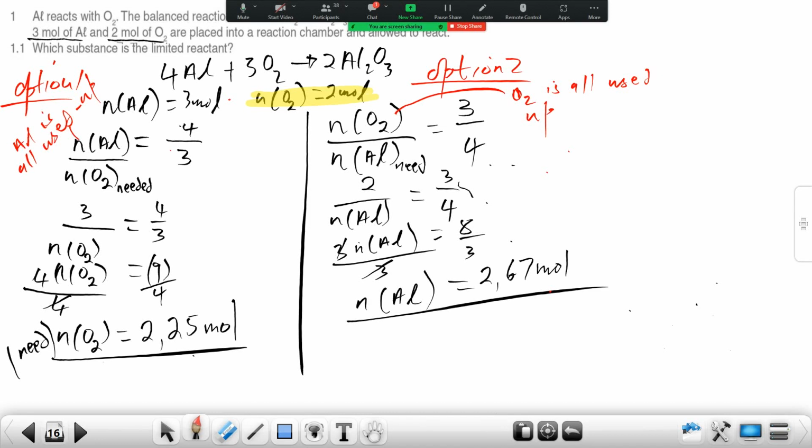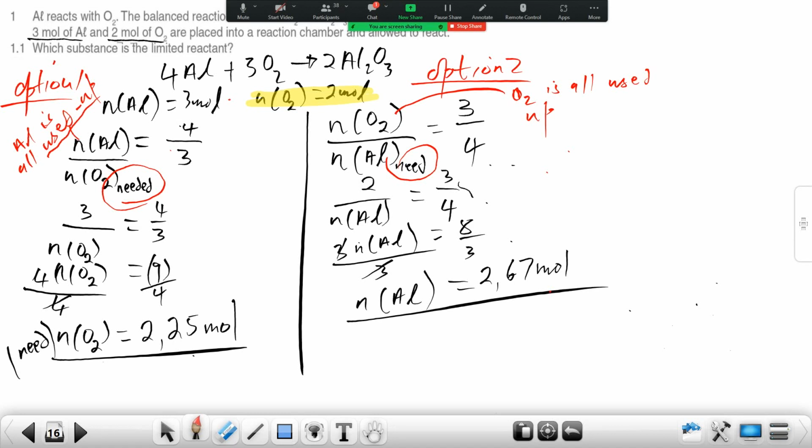So one will ask, in an exam, do I go for option 1? Do I go for option 2? Honestly, it doesn't really matter. What will matter at the end is how you interpret the 2 final answers you have. Remember, once I say one is used up, it must be the one that is needed for the reaction to take place or to complete, or basically how much reacted.